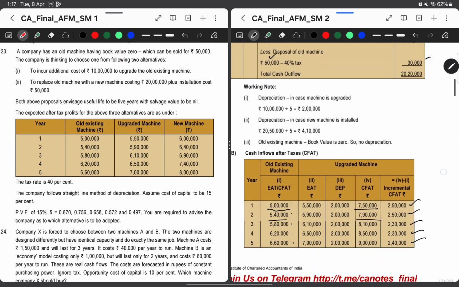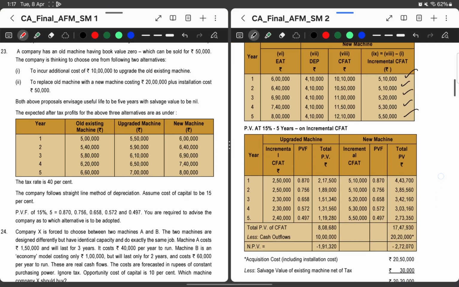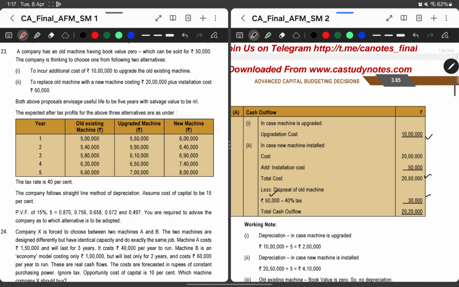Now whatever we got as the incremental cash flows, we have to multiply with the present value factor to arrive at the present value of cash flow after tax, which again we will reduce with the initial outlay to arrive at the NPV. In our case, we have to consider only the incremental approach.